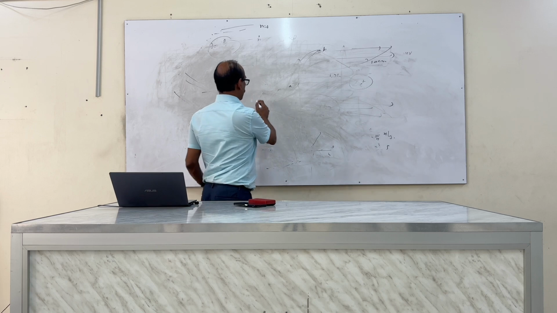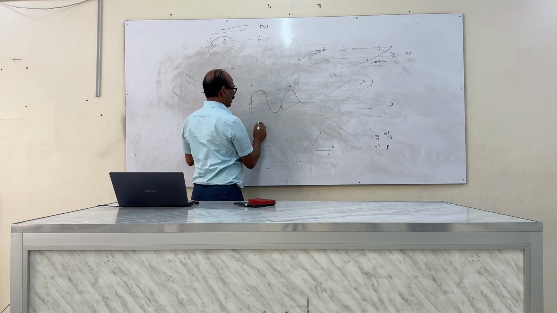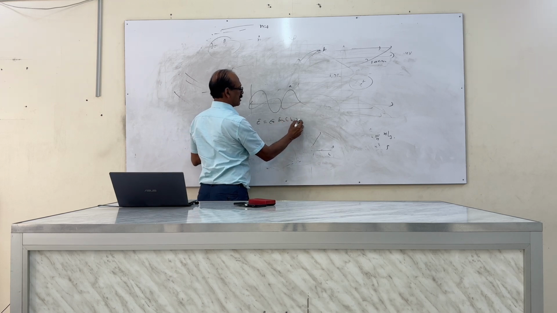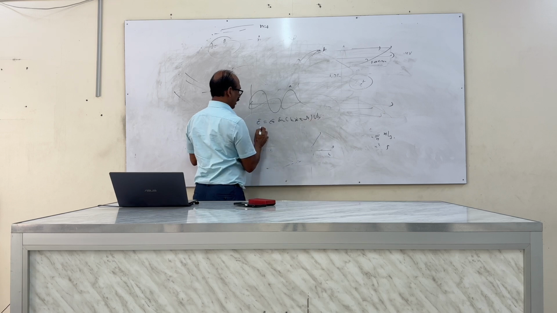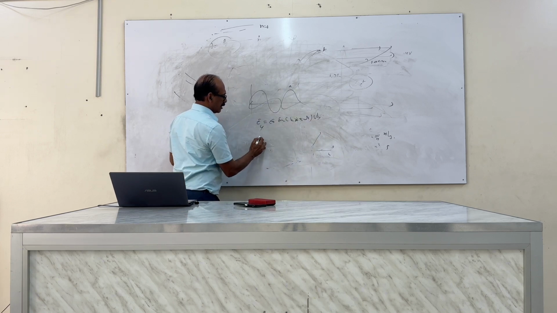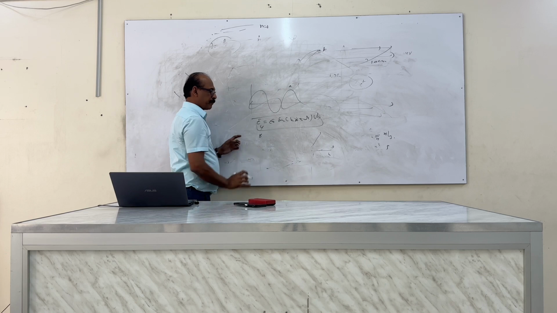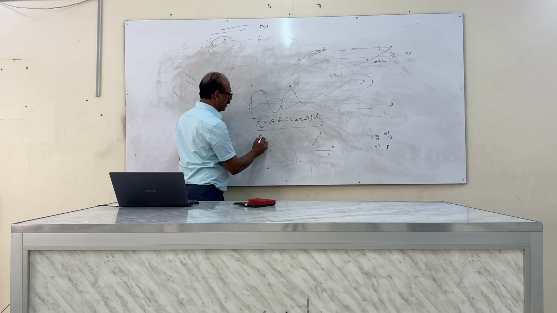And the graph of an electromagnetic wave. See, this is the electric wave, this is the magnetic wave, and E is equal to E naught sine (kx plus omega t) volt per meter. This is E_y, this is X. Then B. First they give the expression for the electric wave, then they will ask you to obtain the expression for the magnetic wave. That means B is in Z here.